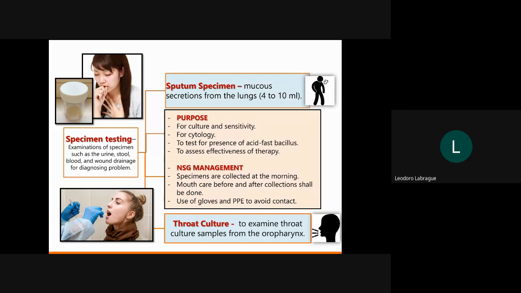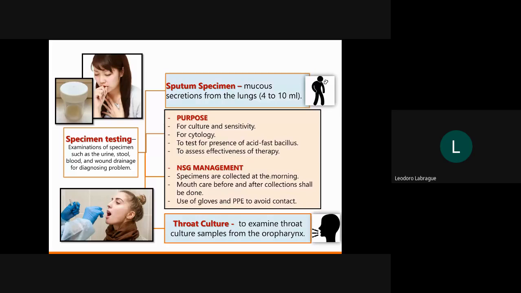Now, what would be your nursing role? What would be your nursing responsibility if your patient is for sputum exam? Number one is the specimen or the sputum itself, collected in the morning. Why not in the evening? Because in the morning, when the patient wakes up, the amount of secretions is huge.